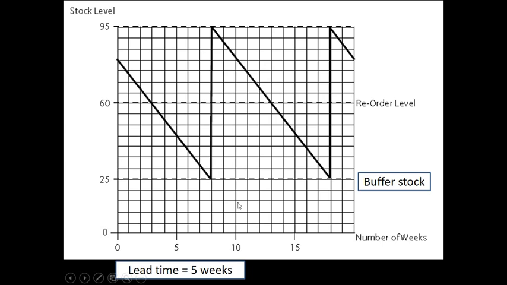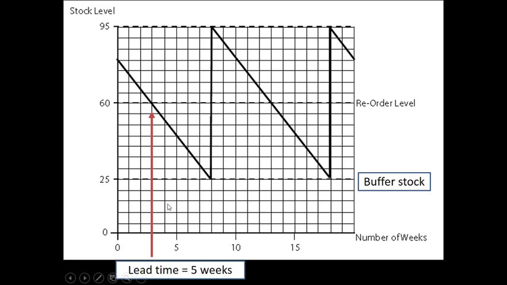Now we can calculate lead time looking at this, and you may want me to do this in an exam. So how would we do it? Well, first of all, we look at when the reorder is placed, and in this case it's placed in week 3. Okay, counting along the bottom here, 1, 2, 3. So the reorder is placed in week 3. Now, how long is the lead time? Well, we have to count the number of weeks it takes between reordering and the stock arriving.